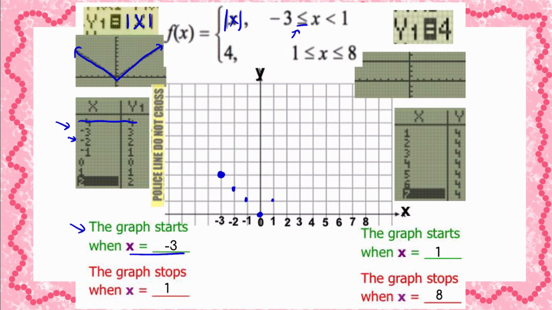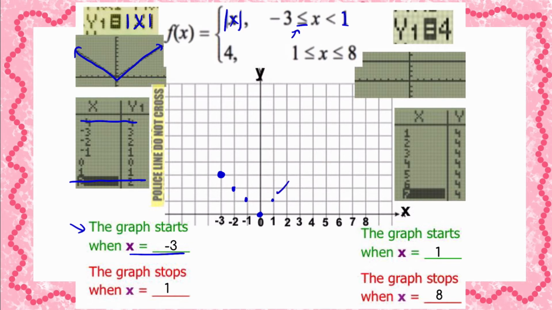Do I want to plot the point 2, 2? No, because I wanted to stop when x was 1, so I don't plot that. I graphed all these points, and I did not graph 2, 2.